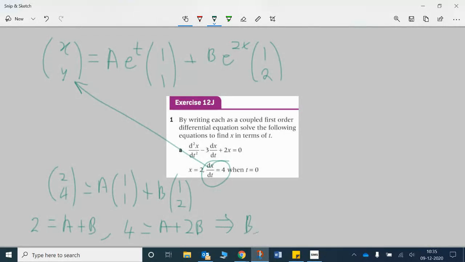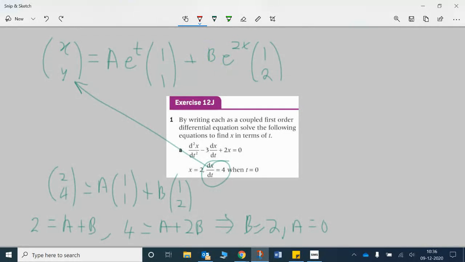So that means the whole of this is going to disappear, and b is equal to 2, so we'll get the 2 in front of this. Ultimately, in terms of the top line, we'll just be left with 2e to the 2t times 1, which is 2e to the 2t.